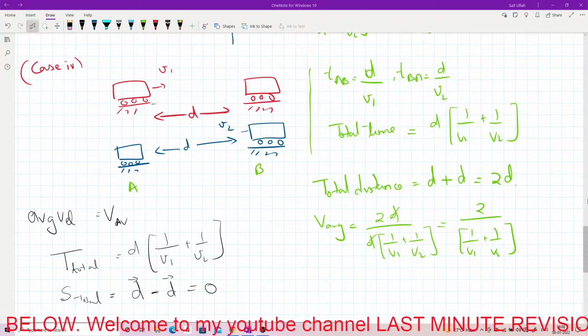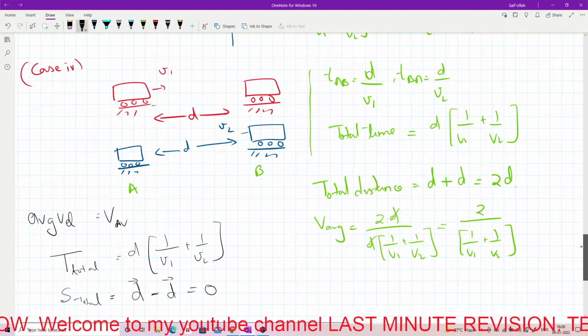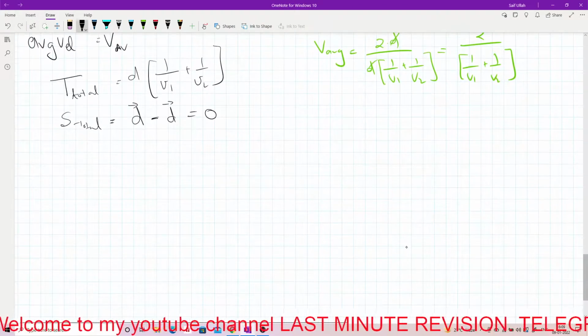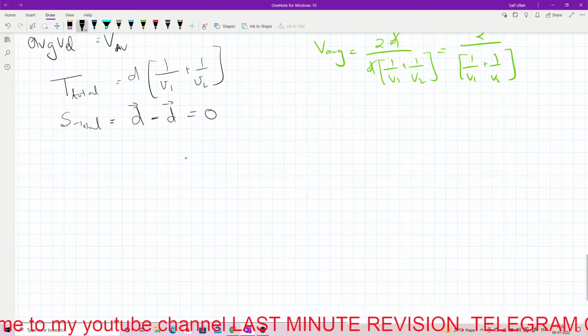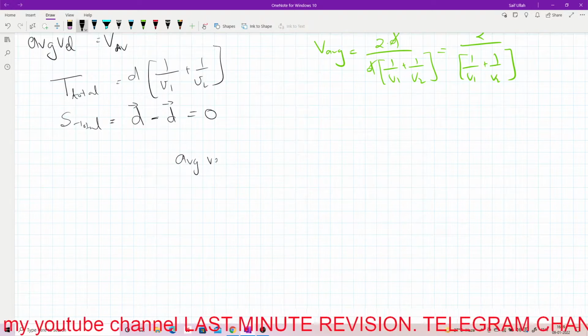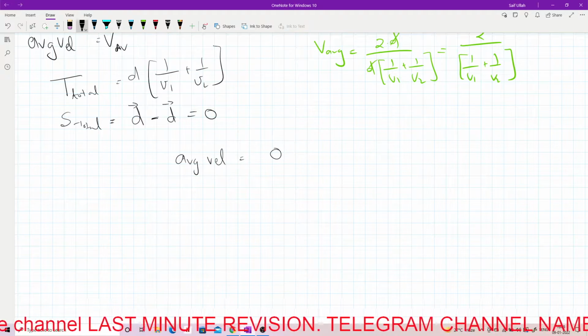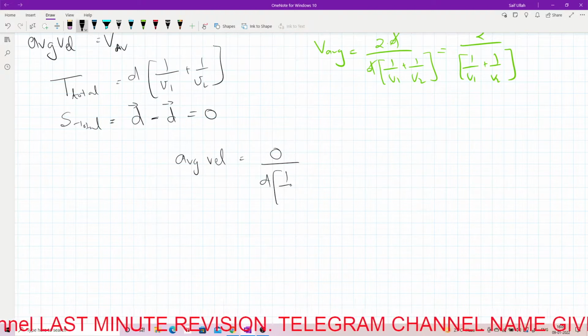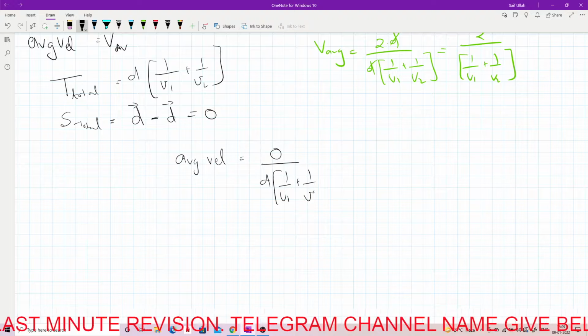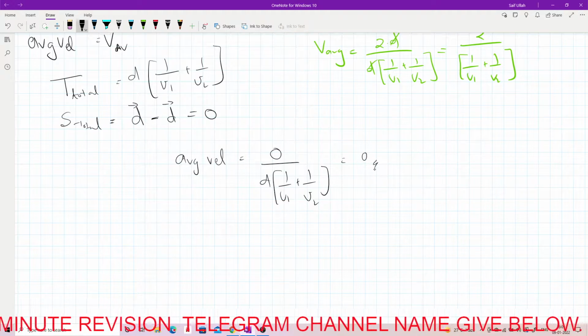Now substitute the values. Zero by d times (1 by v1 plus 1 by v2), it comes to 0.